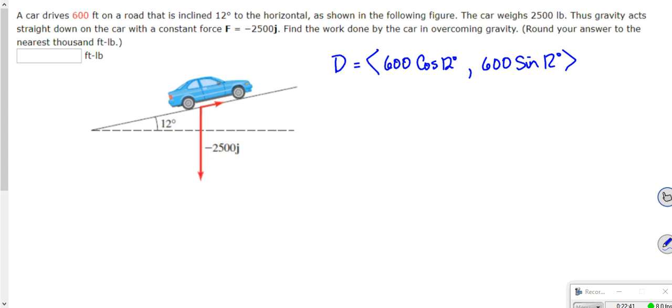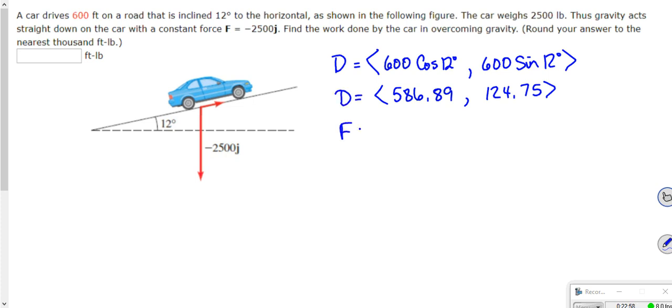So that is going to give you, handy dandy calculator time, 586.89, comma, 124.75. So that's your distance vector, okay?